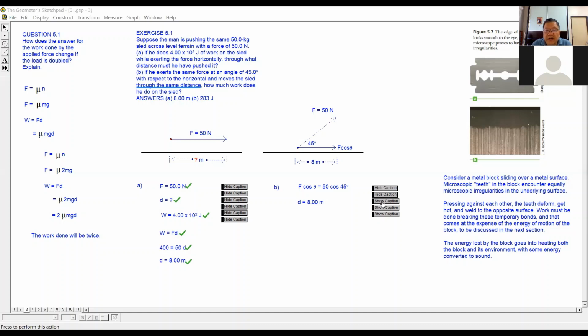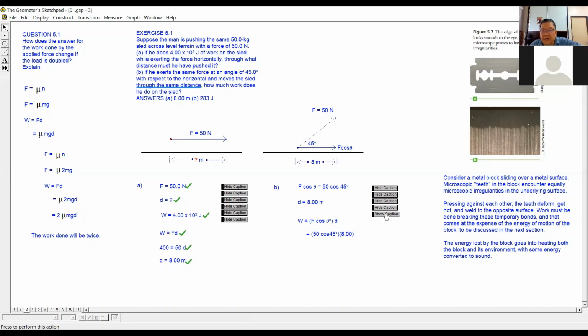And if you want to find the work done, it will be W equals F times d, right? So W equals F cos theta times d. Okay, how much is it? 50 cos 45 times the 8 here.